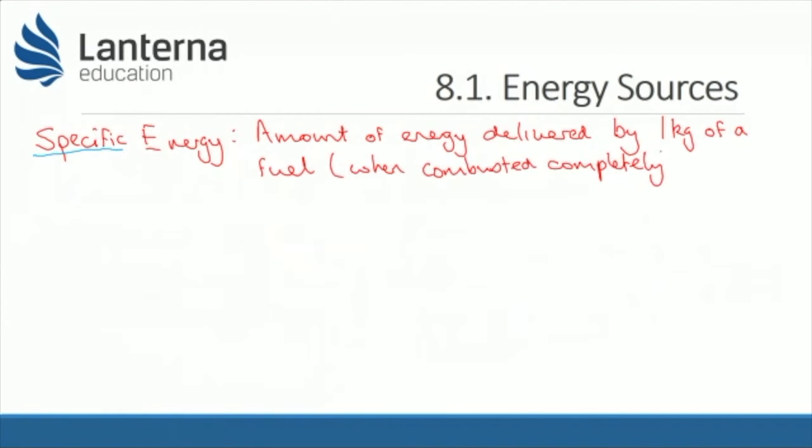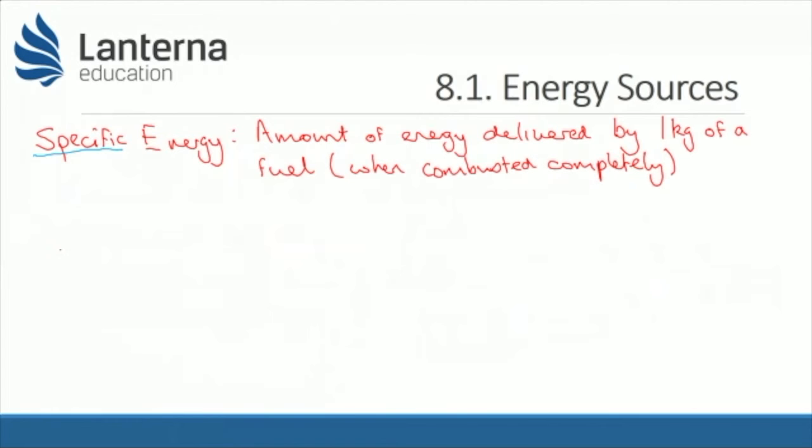Normally that refers to combustion, but we also have energy densities and specific energies of uranium and renewable energies, where you can't get a kilogram of solar, but we can still apply the same specific energy idea.